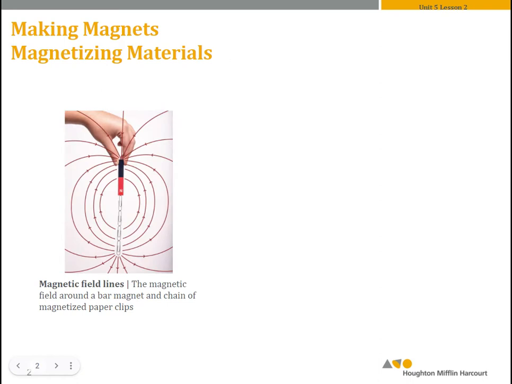If we look at the magnetic field lines, then we see that this is indeed the case. Instead of the field lines forming around the magnet and showing that the paper clips are attracted just to the magnet, when we have this chain of paper clips, the field lines actually extend from the bottom of the assembly up to the south pole of the magnet.